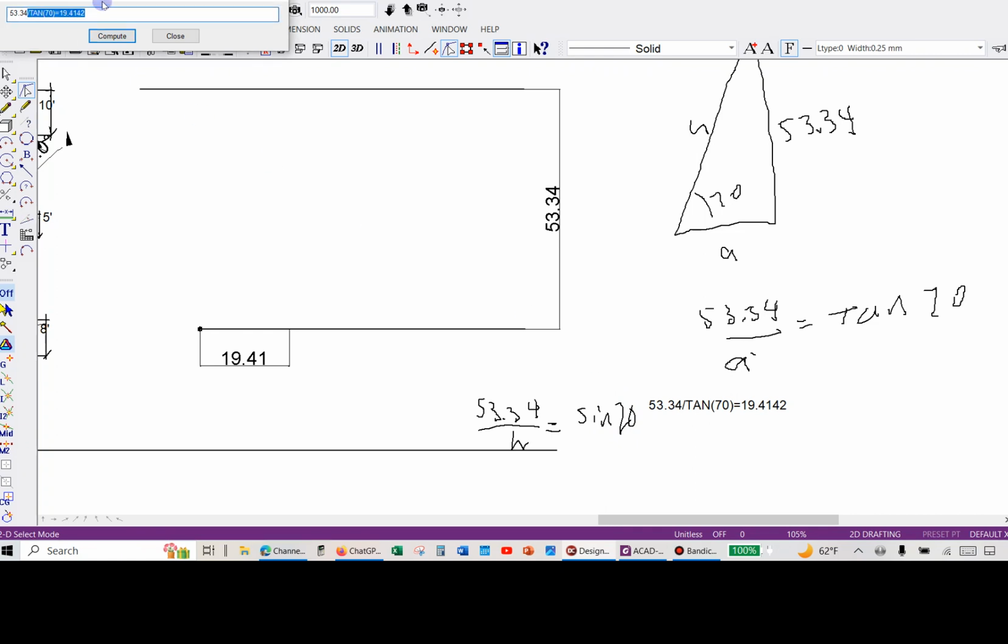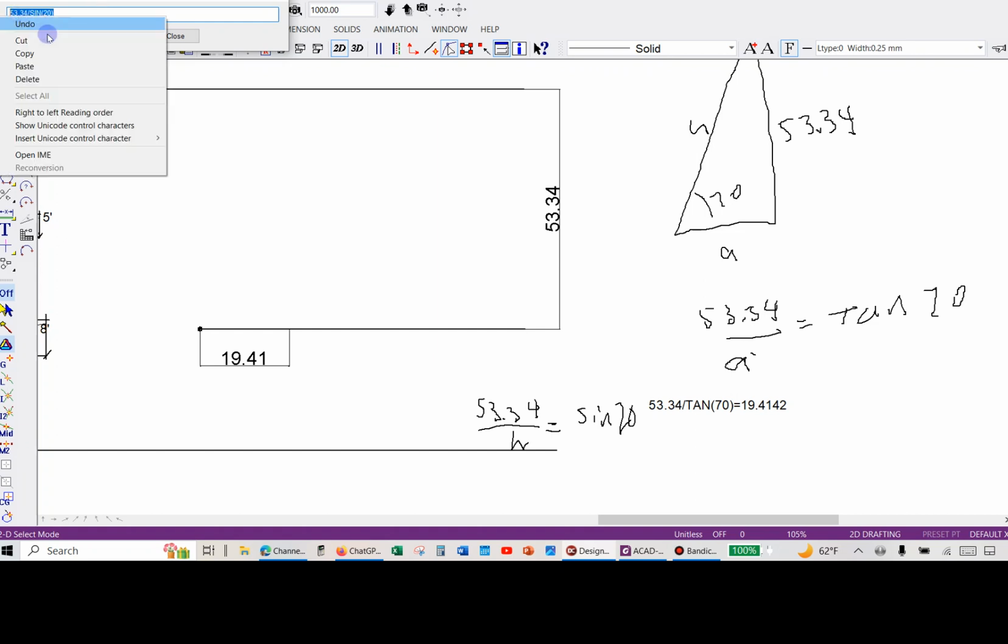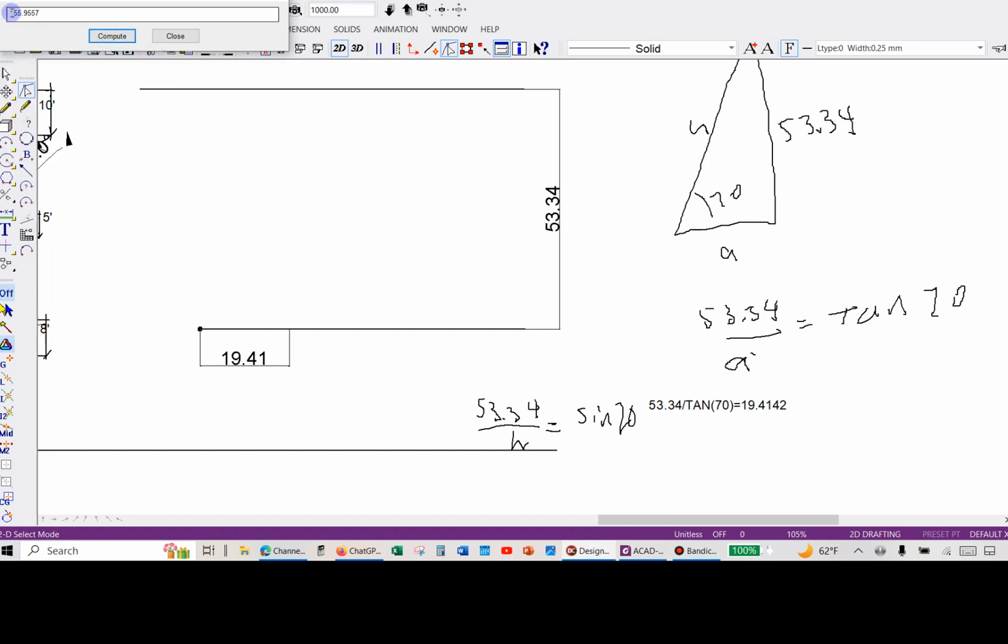53.34 divided by sine of 20, open parenthesis, 20, close parenthesis, copy, compute, Control V. I think something's wrong. It's looking like a really big number. 53.34 over X is the sine of 70, and 53 over H is the sine of 20.